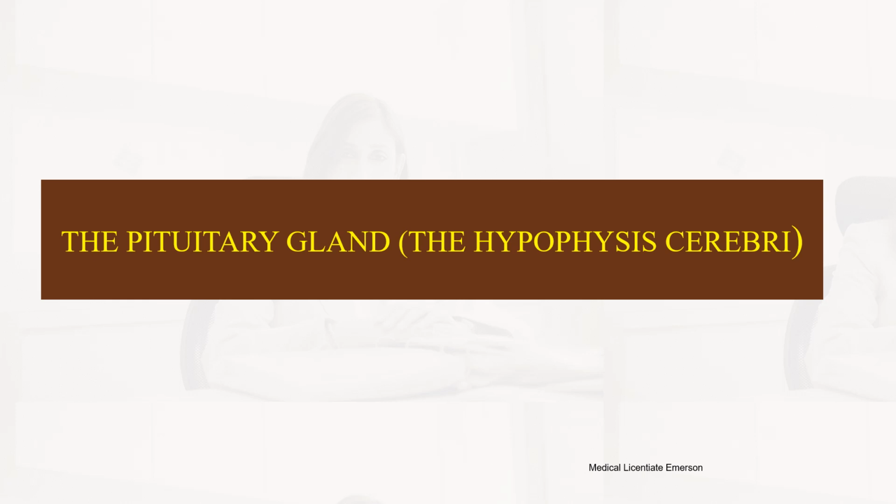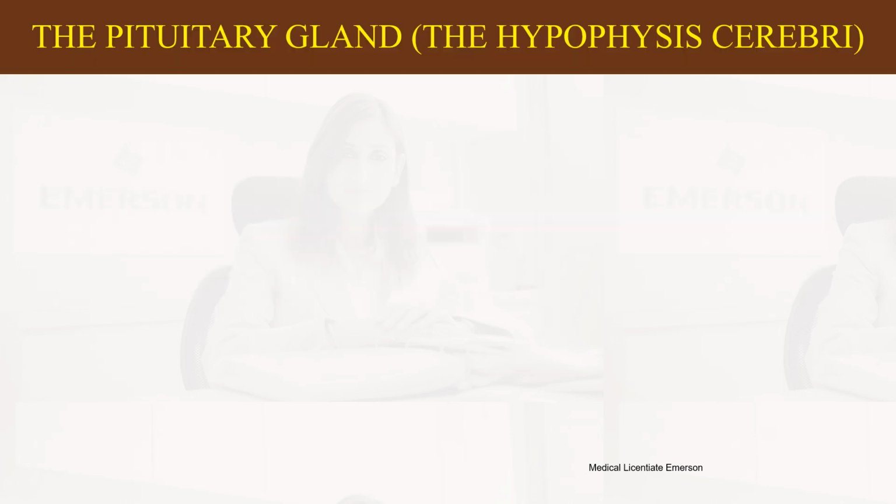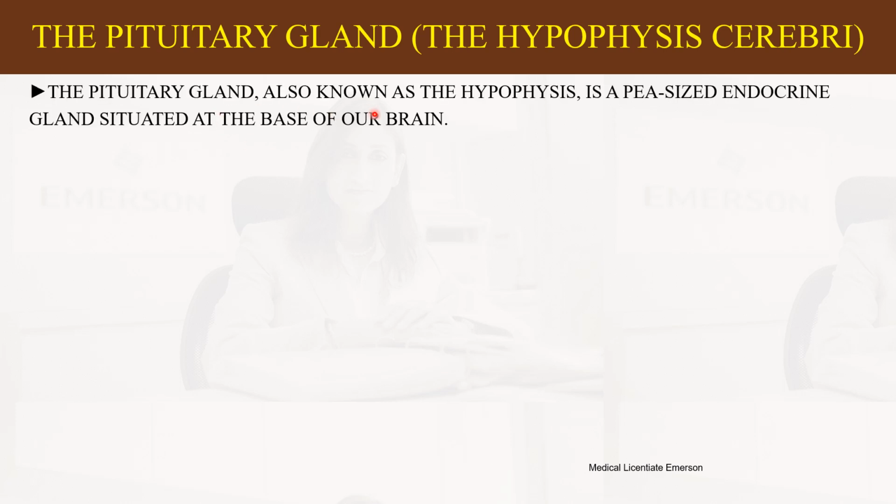Let's go to the pituitary gland or the hypophysis cerebri. So the pituitary gland is also known as the hypophysis, and it is a pear-shaped, pea-sized endocrine gland situated at the base of our brain.